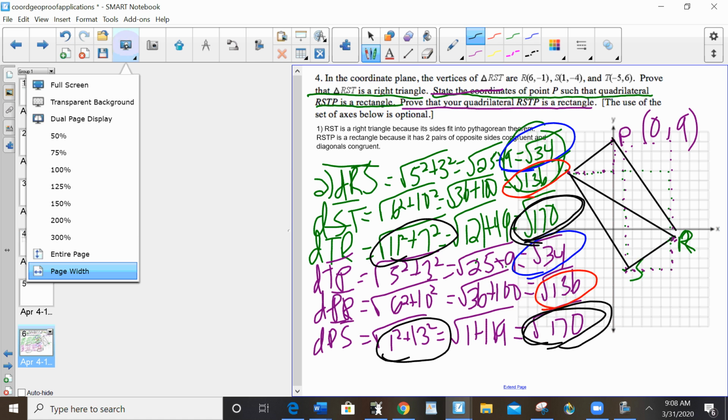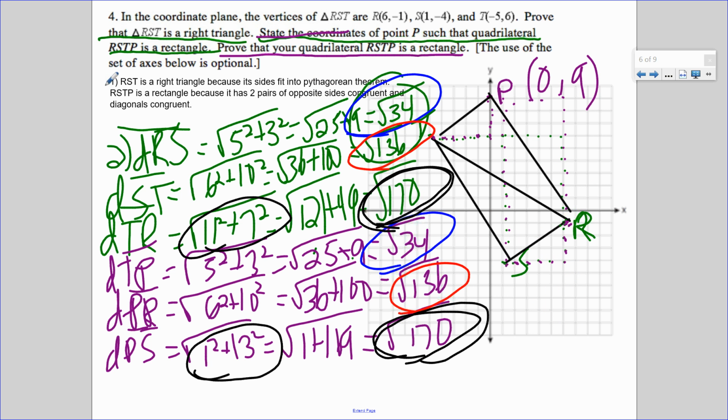So now, tying it all together, I'm not sure where I'm going to fit this, but I'm doing my best. 3, I said that it has 2 pairs of opposite sides congruent and diagonals congruent. So RS is congruent to TP.